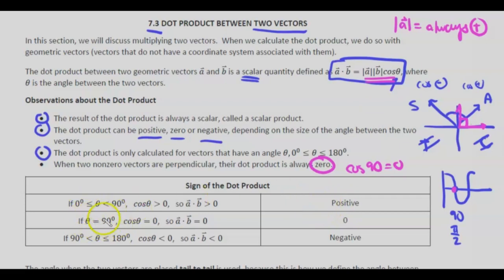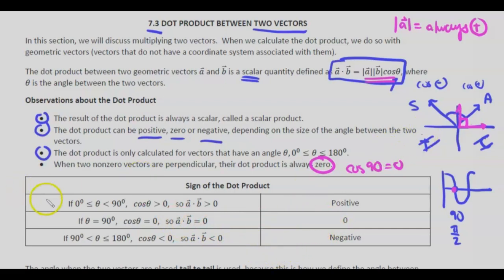Right at 90 degrees, cos theta is going to equal 0, because cos 90 equals 0. So it doesn't matter what the magnitude of vector A times the magnitude of vector B is, because cos of 90 is 0, so the dot product is going to be 0.